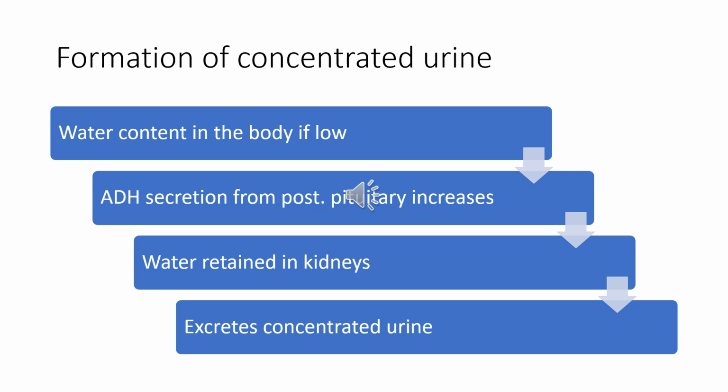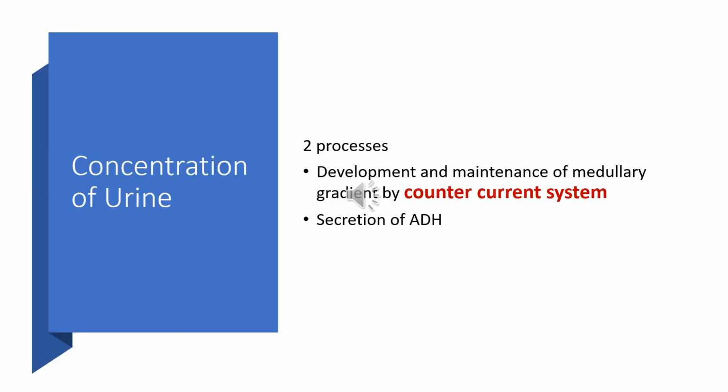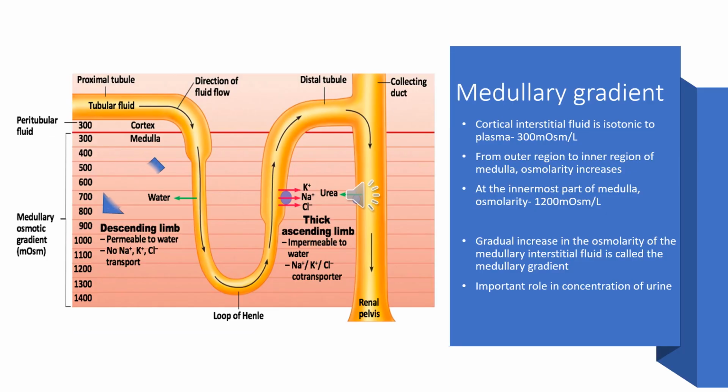But this mechanism of urine concentration is not as simple as that of dilute urine formation. So this concentration of urine involves two processes, that is development and maintenance of medullary gradient by the countercurrent system, and secretion of antidiuretic hormone.